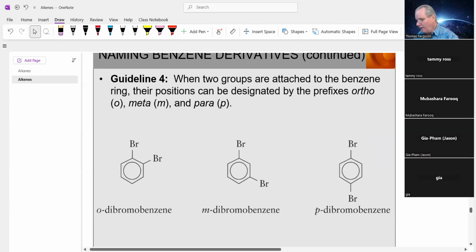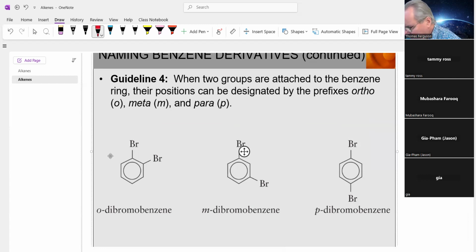Now this is kind of old world naming. I'm talking about alchemy kind of naming. There are 2 ways to name this benzene product here. Okay, they're both dibromo.